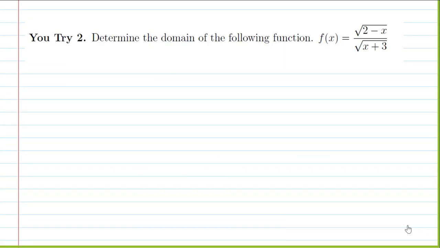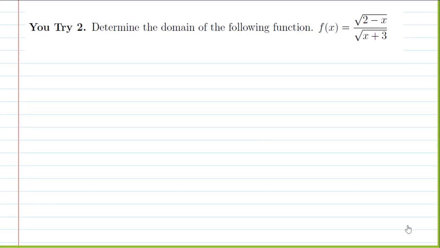All right, so to resolve Try number 2, we want to determine the domain of the following function. So we have our function each time, and both the numerator and the denominator have a radicand.